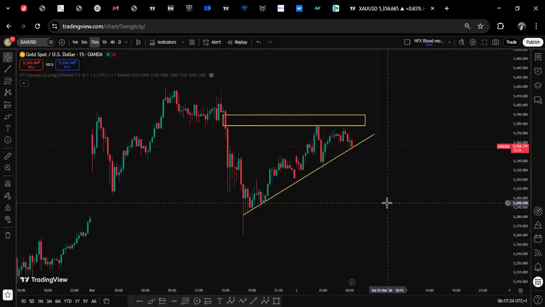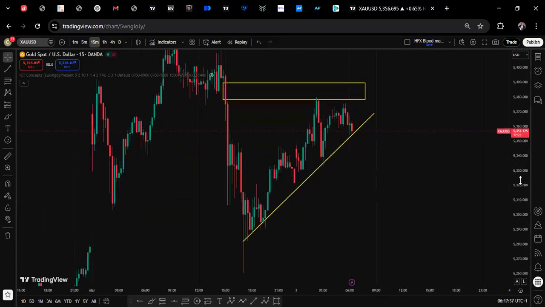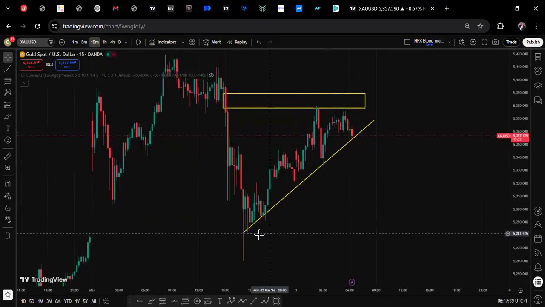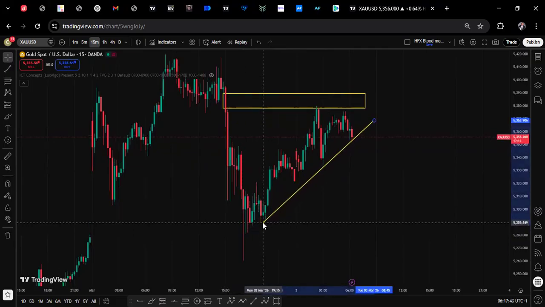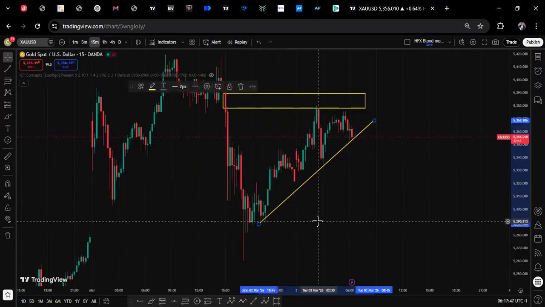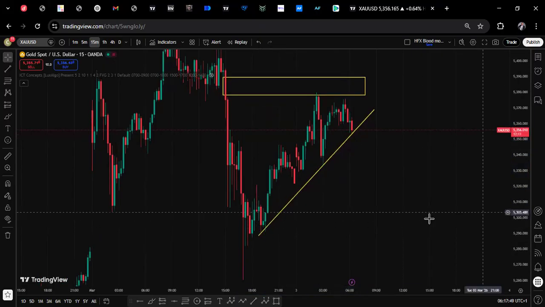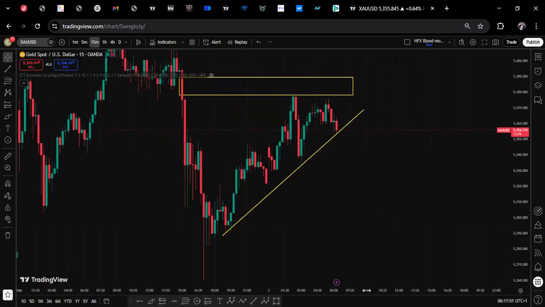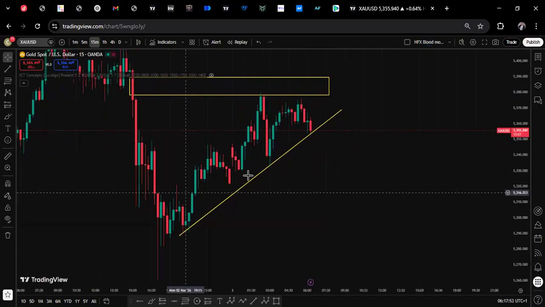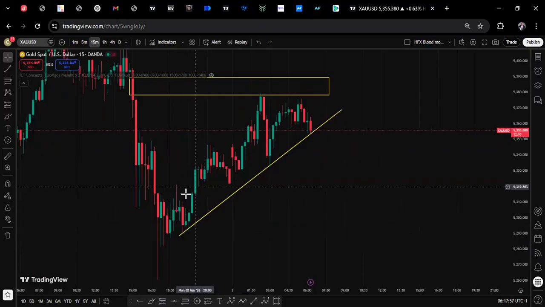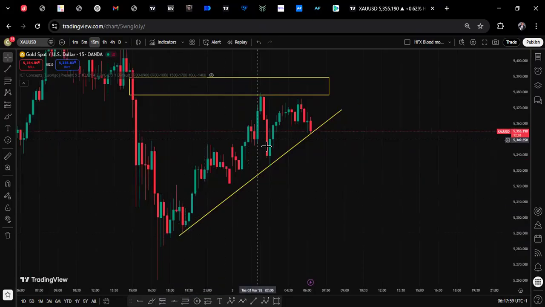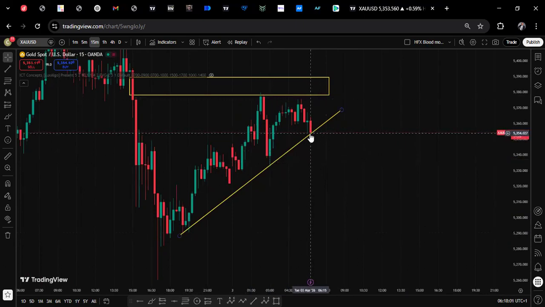See this? Now I'm more interested in these 3 points, or perhaps these 4 points. So you choose the area you want to be concerned with. I'm concerned with this one, two, three, and of course this first touch here.